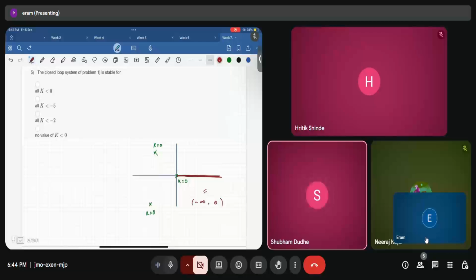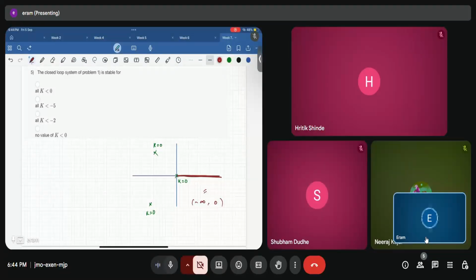No, ma'am. No, because we have already seen that for all K less than 0, one of the closed loop poles on the root locus is always lying on the RHS of the s plane.